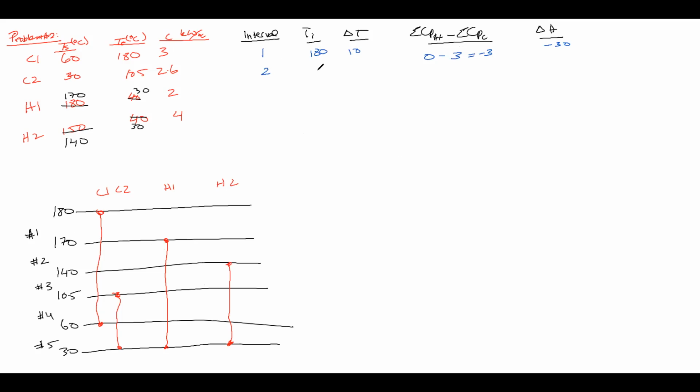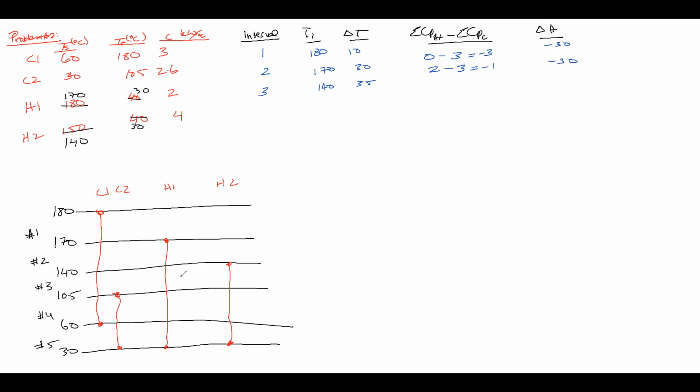My initial temperature for this interval is 170. Delta T is 30. Summation of Cp hot minus Cp cold. I have 1 hot stream here, H1. So Cp for this guy is 2. 1 cold stream, C1. Cp for this guy is 3. So this is minus 1. Minus 1 multiplied by 30 is minus 30 again. Interval number 3. Initial temperature is 140. Delta T in this case is 35.